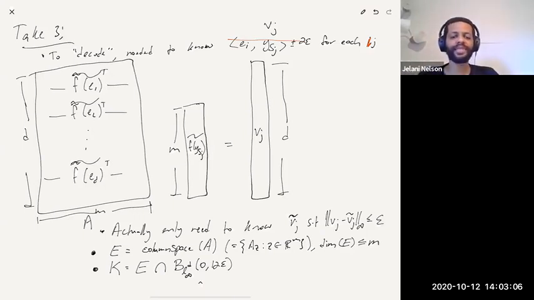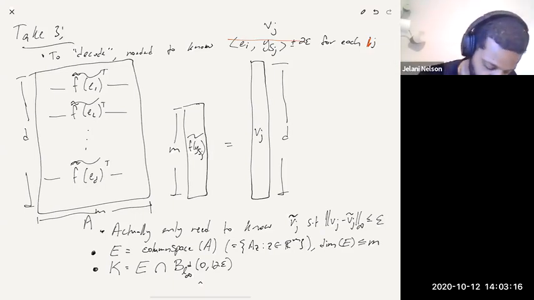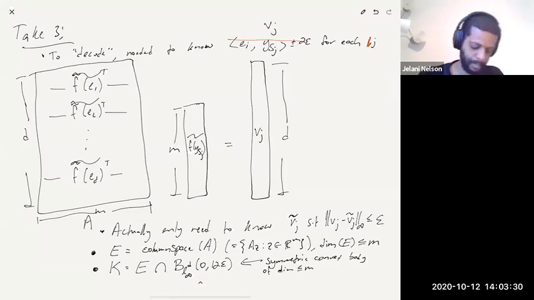Now what I have is an at most m-dimensional symmetric convex body, which is K. And what do I know?